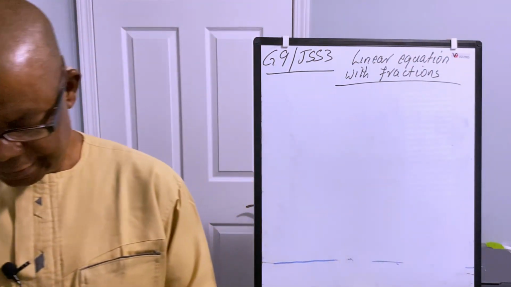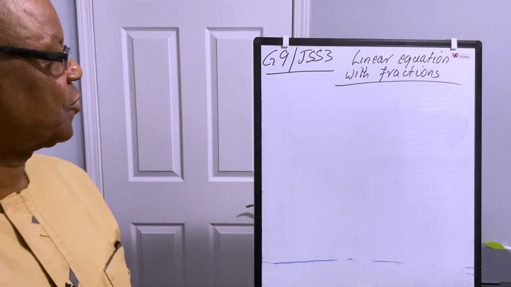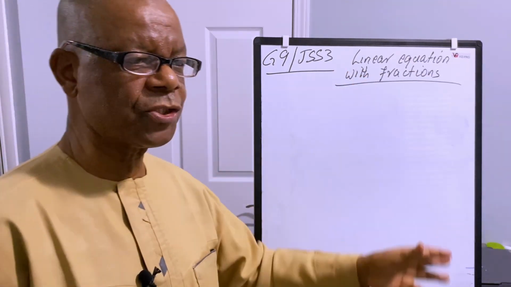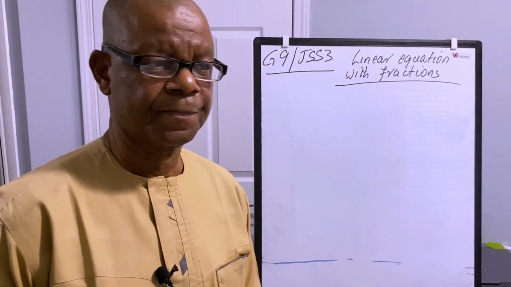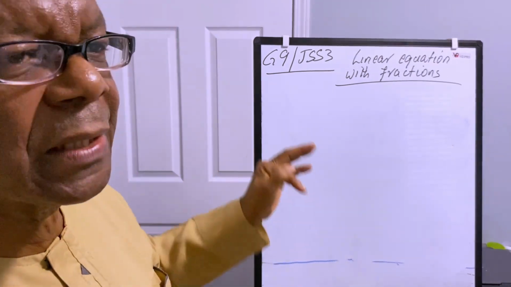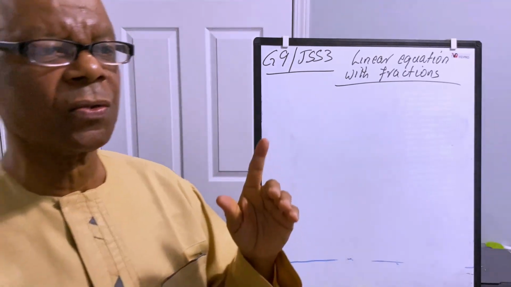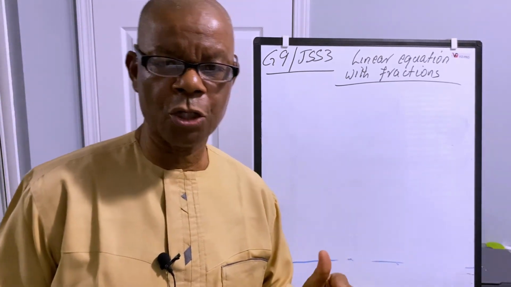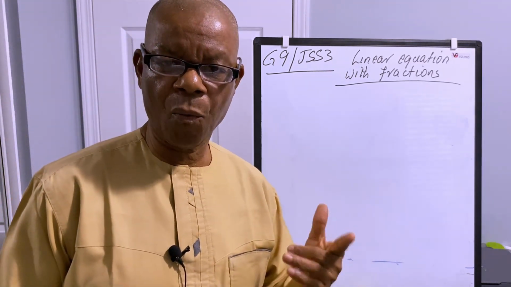In our grade 8, we discussed linear equation under the name simple equation. And then we stated that this equation contains one variable, one unknown, whose power will not be more than 1.